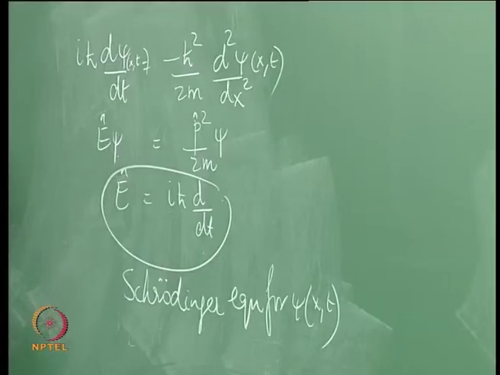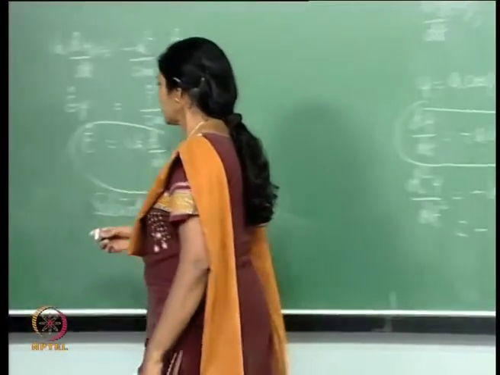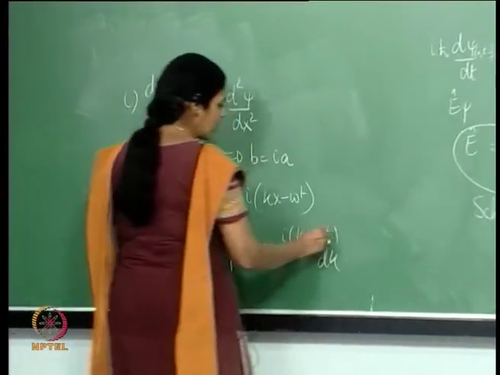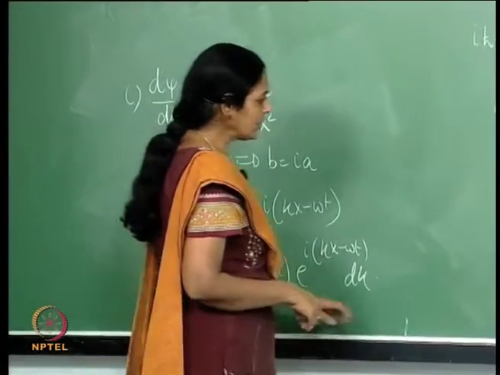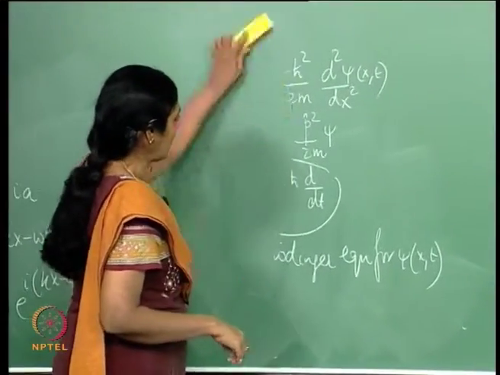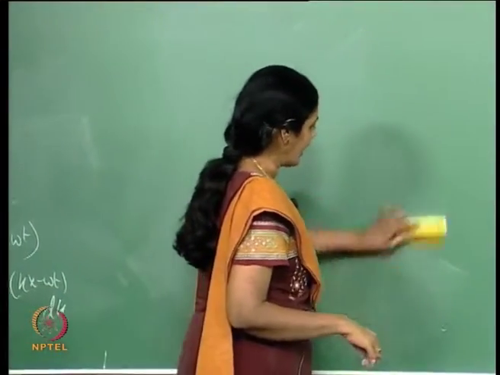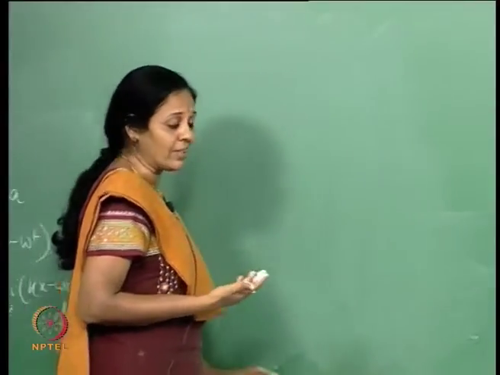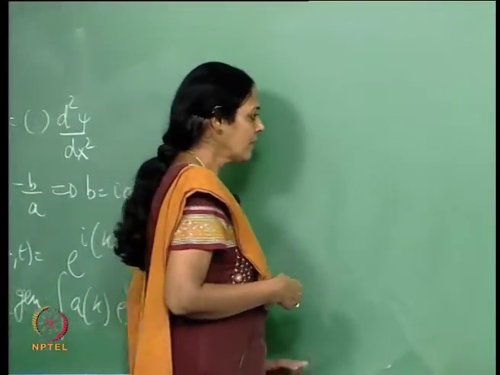In the set of lectures to follow, we will not worry about the time development at all. We will merely use the fact that the plane wave solution is a e^{ikx} plus b e^{−ikx}.